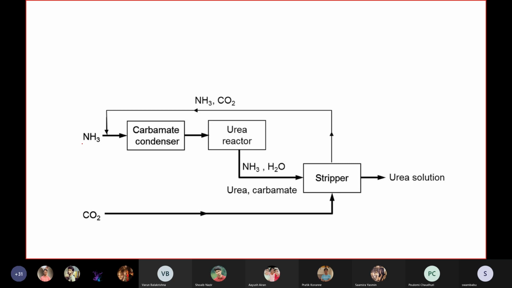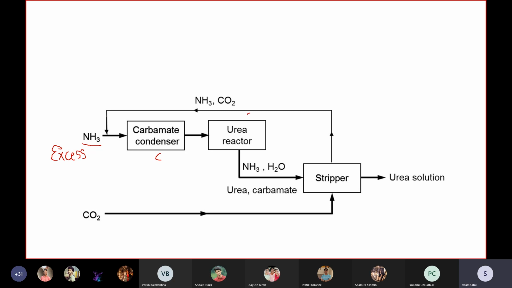Ammonia will be supplied in excess. That way, they can make sure that complete conversion of CO2 takes place in the urea reaction.